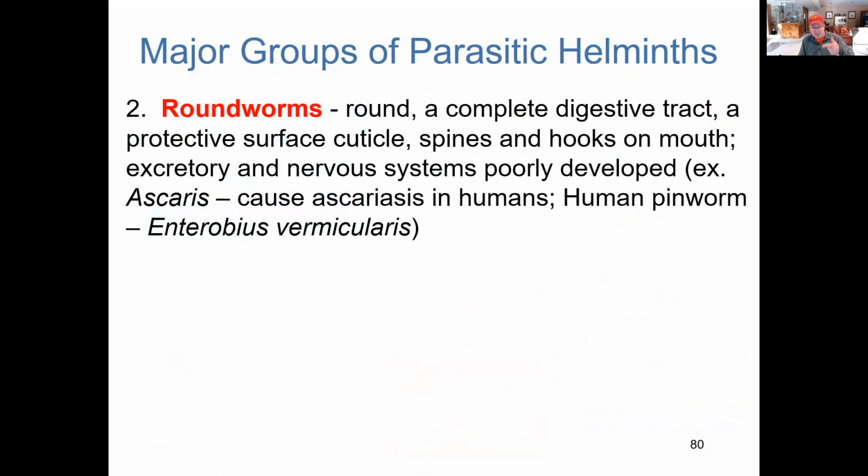The other group that we want to talk briefly about are the roundworms. So roundworms are round as opposed to flat. Okay, so we had the flatworms a few moments ago, like the tapeworm and the flukes. Now we're coming to the second major group, the roundworms. They have the ability to also cause major issues in you and me.